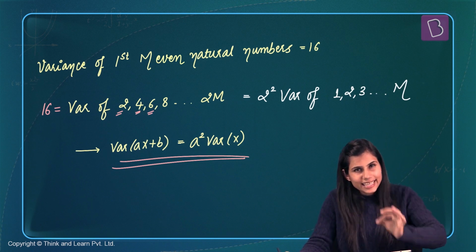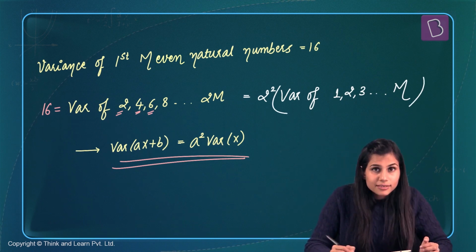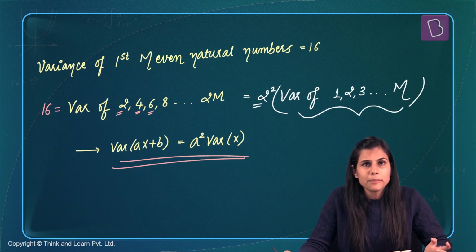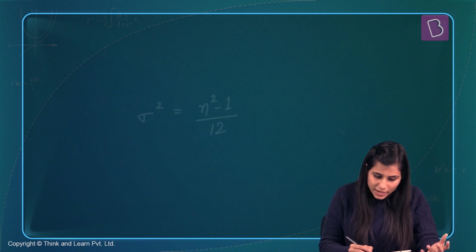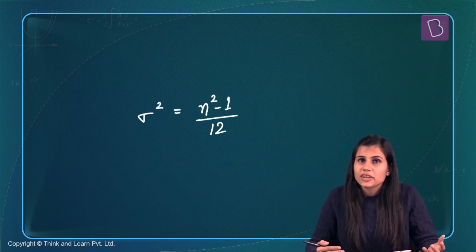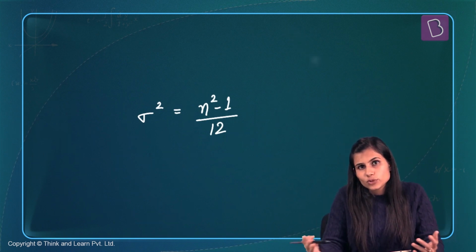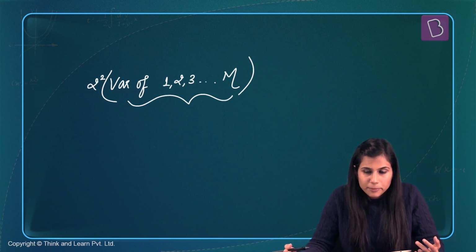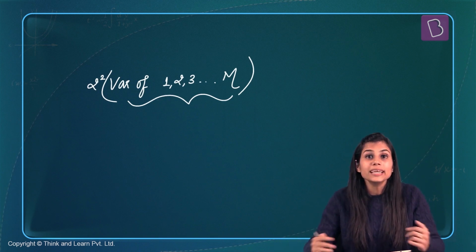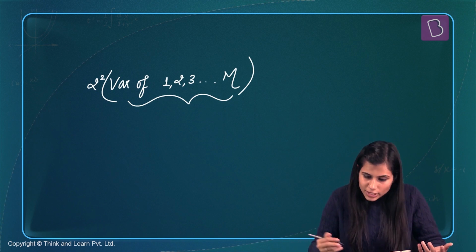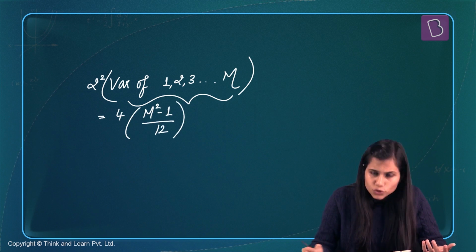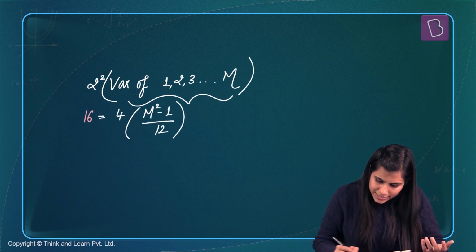This is the only catch in here. And then this is going to be your 4. And what is variance of 1, 2, 3 up till m? Well, I just shared with you this entire concept that the variance of first n natural numbers is n square minus 1 by 12. So variance of first capital M natural numbers 1, 2, 3, 4 up till m is going to be m square minus 1 by 12. So your right hand side just comes out to be equal to 4 times m square minus 1 by 12. That is equal to 16.